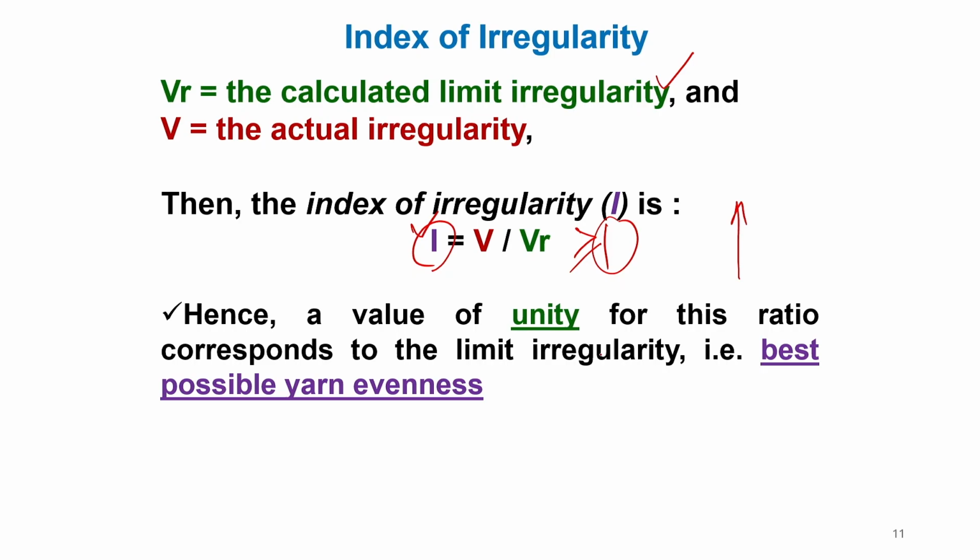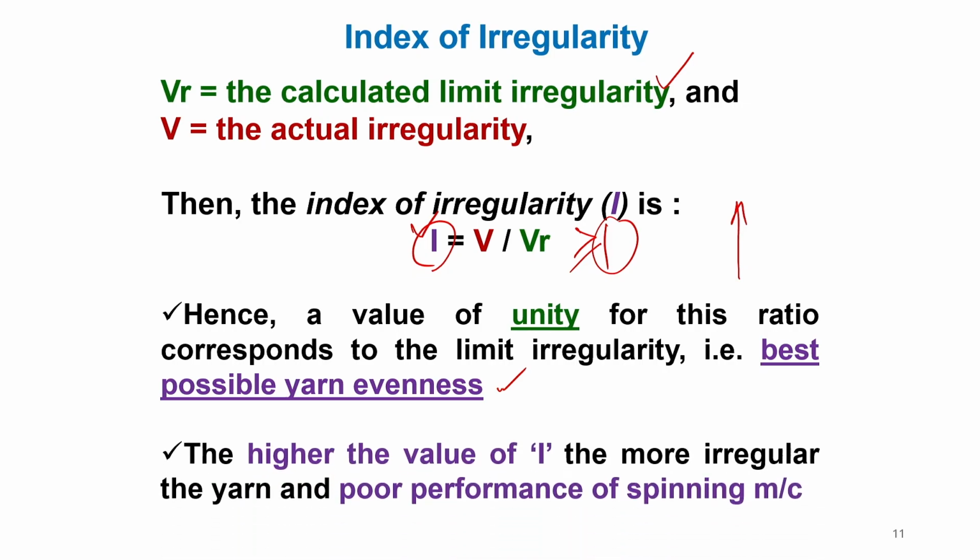Hence, a value of unity, that is 1, for the ratio corresponds to the limit irregularity, the best possible yarn produced. When the yarn or sliver is the best possible, you will get the value 1, and a higher value of I means more irregular yarn and poor performance of the spinning machine.